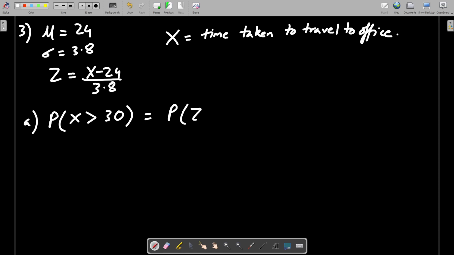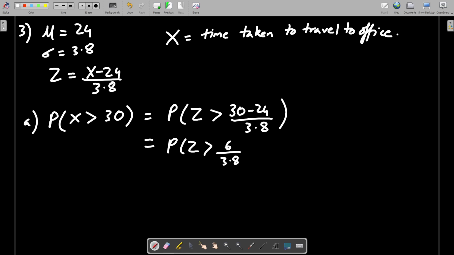This will be equal to probability of z greater than 30 minus 24 upon 3.8. So this is actually probability of z greater than 6 divided by 3.8.